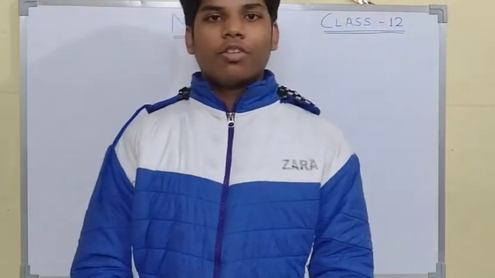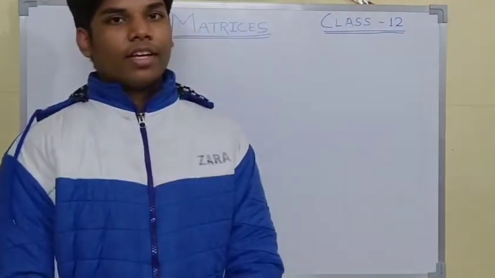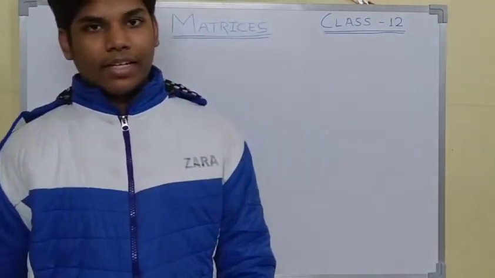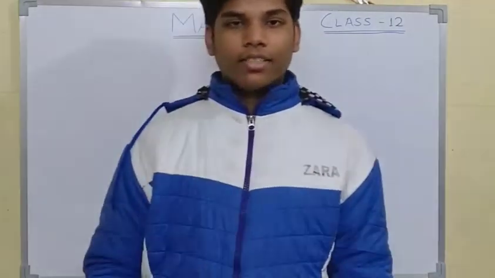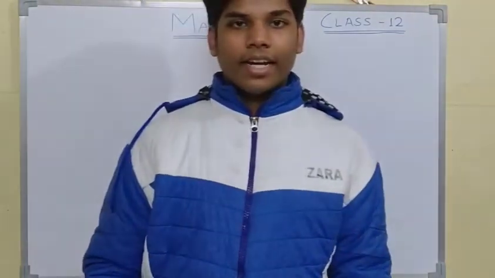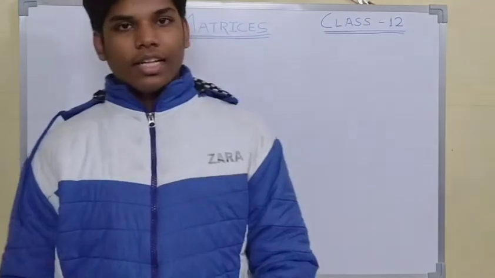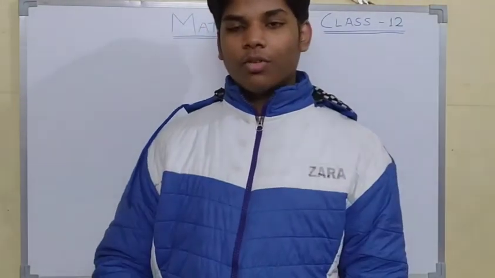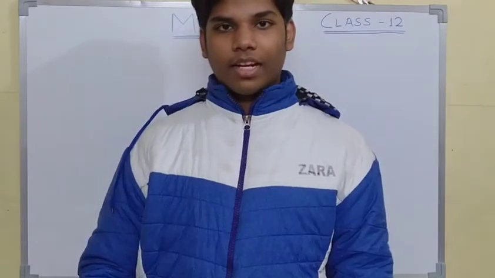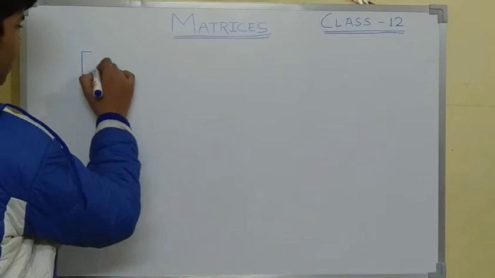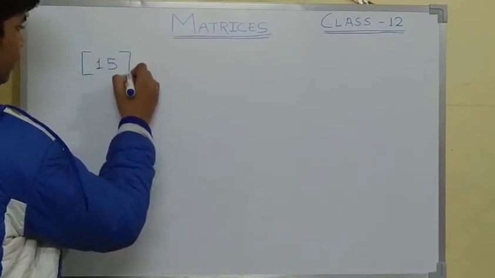So first we have to know what a matrix is, what the basic concept of matrix is. So today I will start with that. Suppose we have some data, that Radha has 15 notebooks. If we have to represent this information in the form of a matrix, we can write it in square brackets with 15 inside.